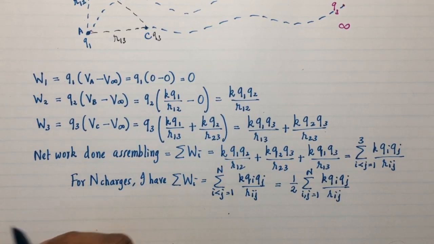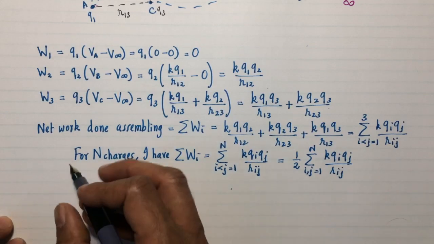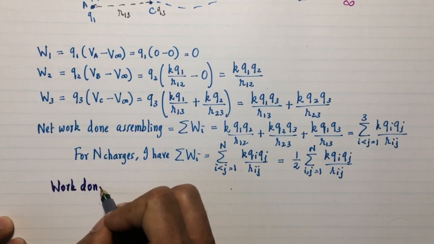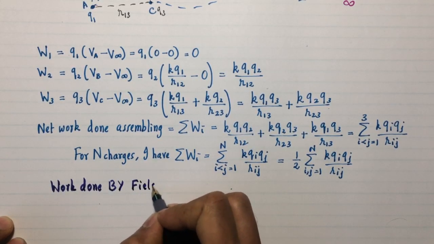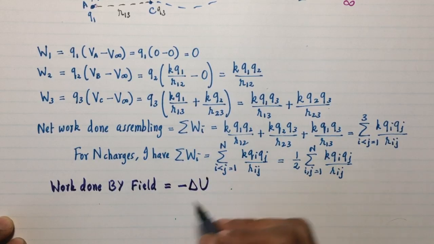Now, what is the change in potential energy of the system as a result of your work? From basic ideas in UP1, we know that the work done by the field is negative the change in the potential energy.